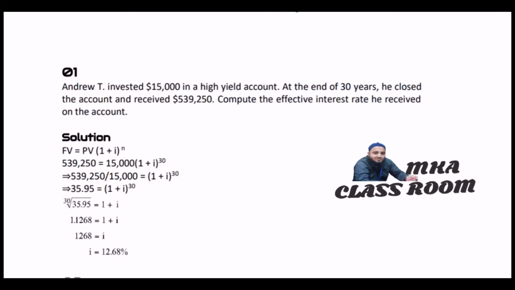So this is very easy. Here you have to calculate the interest rate. We know the formula for present value and future value. If we put it down as a future value, this is the present value, and n equal to 30.